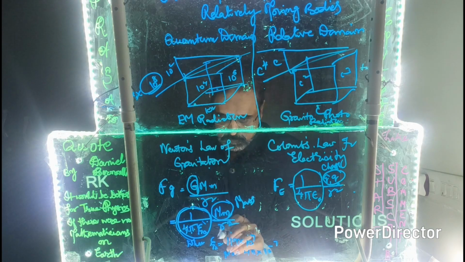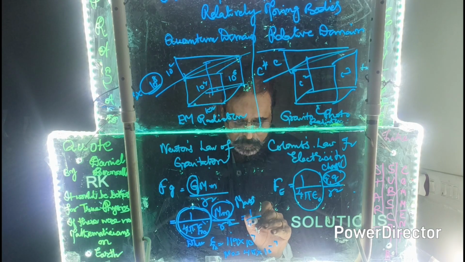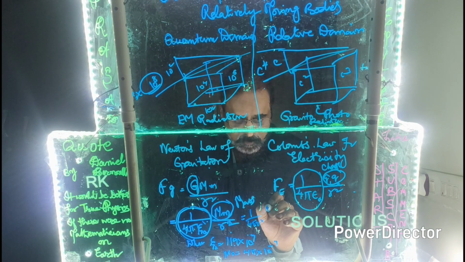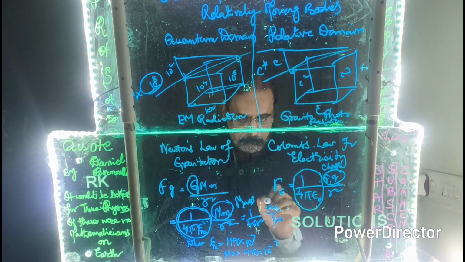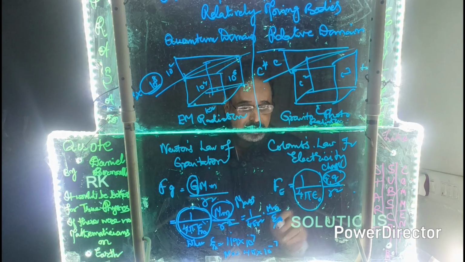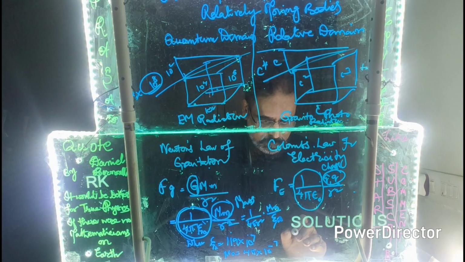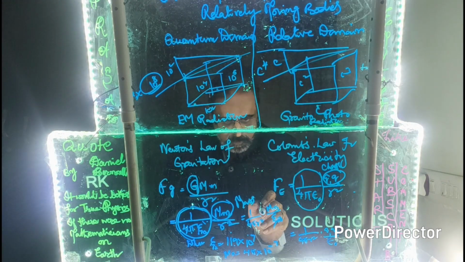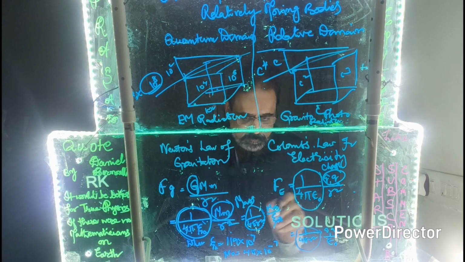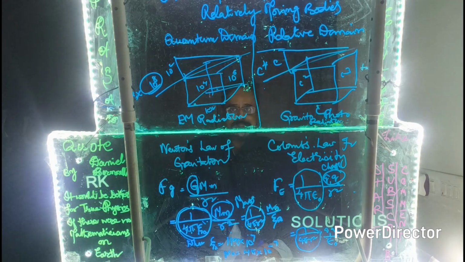We should basically convert this into 1 by 4 pi r squared, m m by xi naught. This also we can write as 1 by 4 pi r squared into q1 q2 by epsilon. So what I am doing is I want to make both terms look exactly the same: 1 by 4 pi r squared, 1 by 4 pi r squared.